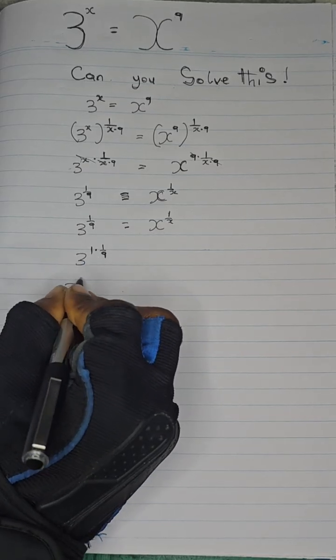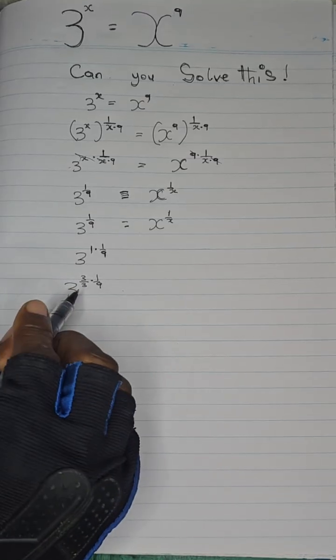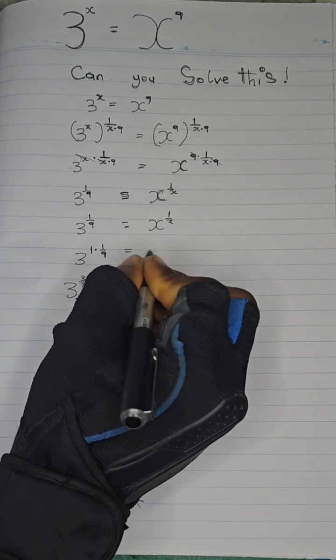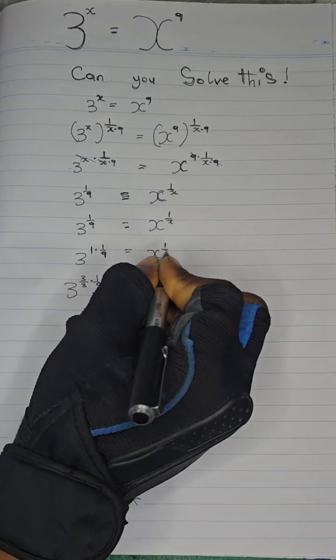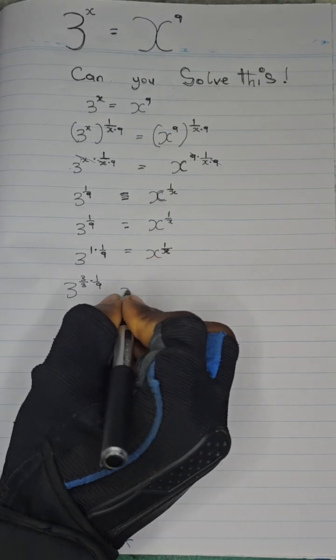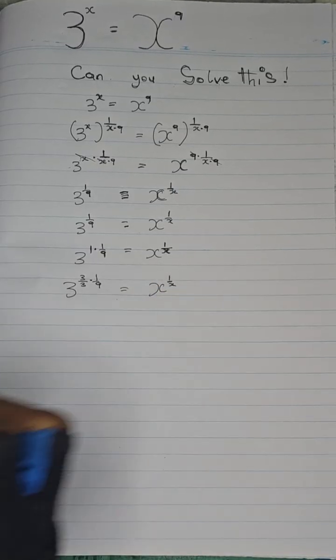So I'll have 3 raised to power 3 over 3 times 1 over 9. Because 3 over 3 is still 1, so nothing has changed here. We're just trying to make this look like this. This is equal to x raised to power 1 over x.